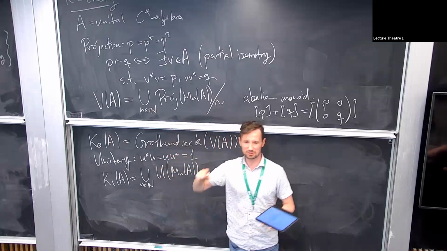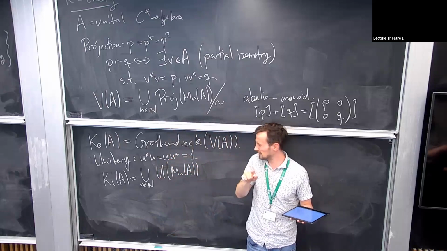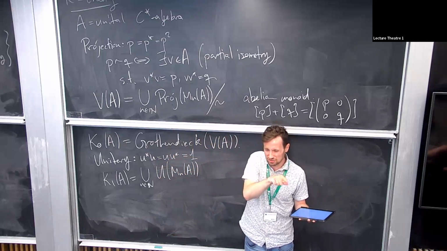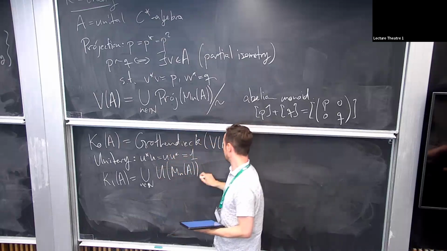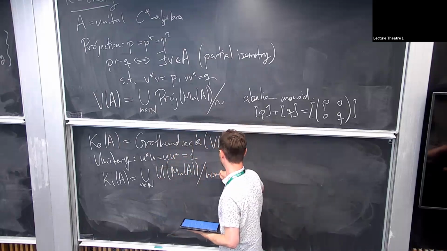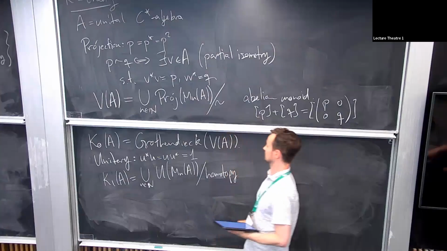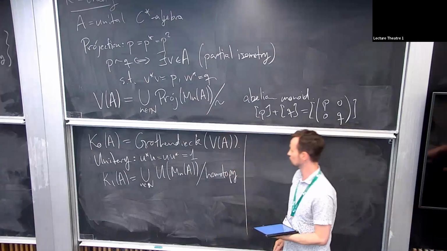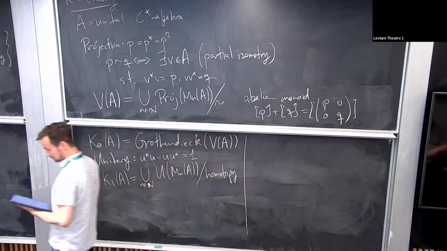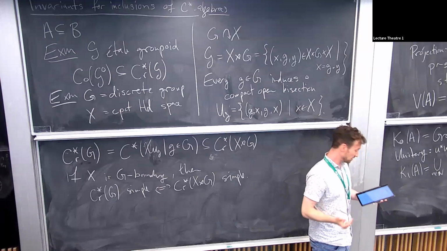And this time when you're enlarging them, you want to keep a unitary, so you just stick a 1 down in the corner every time you enlarge these things. And then you quotient out by homotopy, and now we know K-theory. So this is what K-theory is.